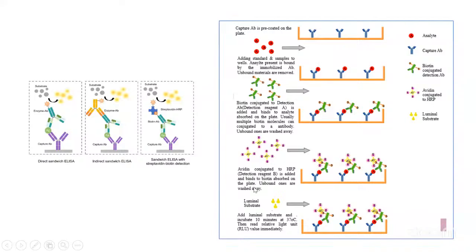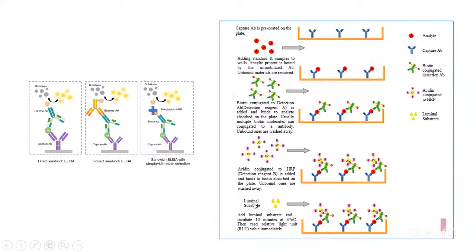Now I'm using streptavidin. Streptavidin is a tetrameric protein that can bind to four other molecules. This complex will come, and there will be binding of avidin conjugated with an enzyme. Now the substrate will be a chemiluminescent substrate like luminol.